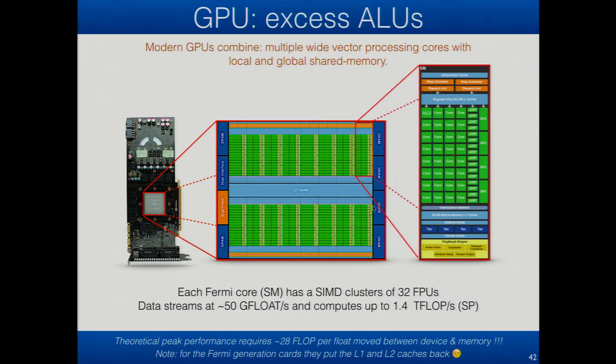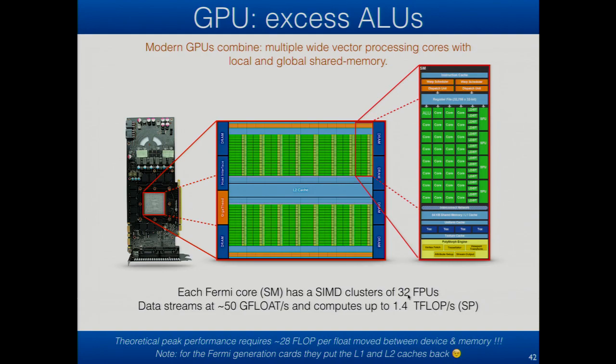Okay. The other thing that's going on is that the bandwidth between this processing unit and the memory, which is on board, is roughly 200 and, what was it? At this point, it was about 100 and, I can't remember now. It must be about 200 gigabytes per second. So you can move data between the memory and the processor at 200 gigabytes per second. That sounds like a lot. But you've got 15 or 16 clusters of 32 floating point units.